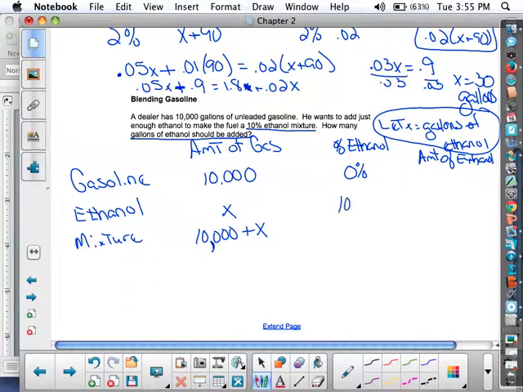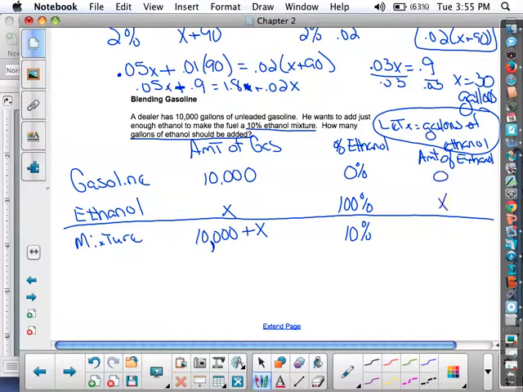The ethanol is 100% ethanol. And when I'm finished, my mixture, this part down here, will be 10% ethanol. So when I multiply across, I get 0, x, and then 0.1 times x plus 10,000.